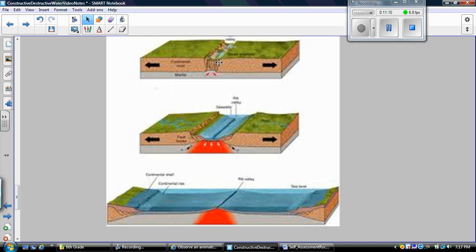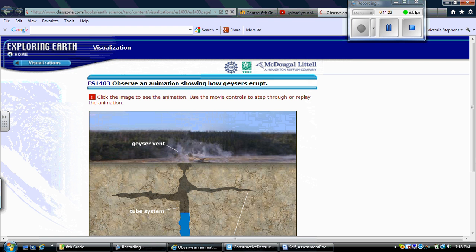So this diagram just shows you if you have two plates pulling apart, magma can come up, hit water, cool and harden, and you've got new crust. So let's look at an animation for that.